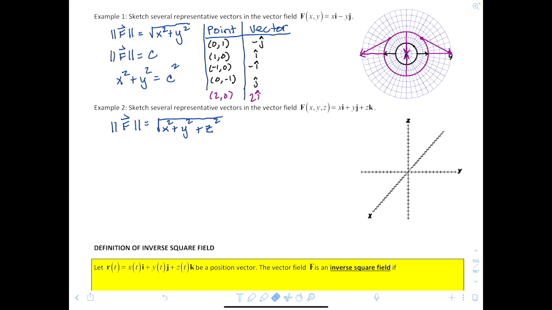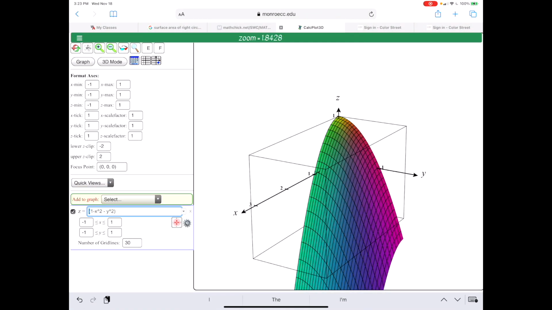And then the magnitude of F would also be some c. And then you'd end up with x squared plus y squared plus z squared is c squared. So you'd have spheres, right? So if we make a sphere, square root it.